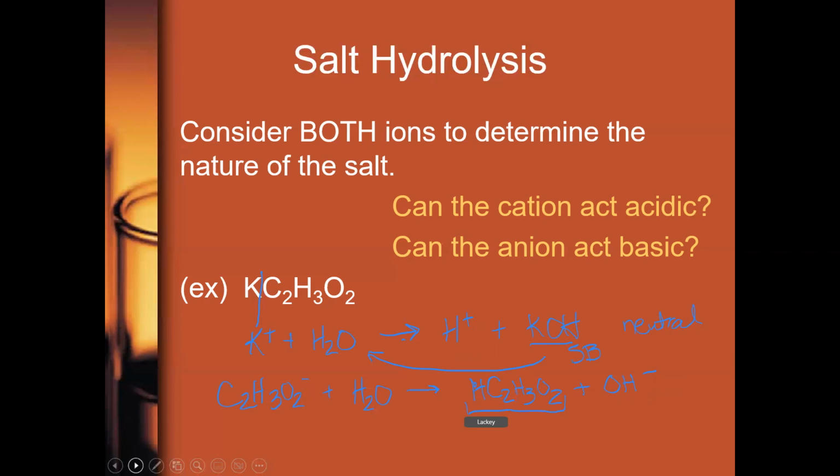This acetic acid is a weak acid, which means it will not necessarily split back up. Some of it may split back up, but a lot of it will stay together. This produces hydroxide, meaning that this is acting as a base. So since only our anion acts as a base and our cation is neutral, this overall is a basic salt, because overall that base is produced.